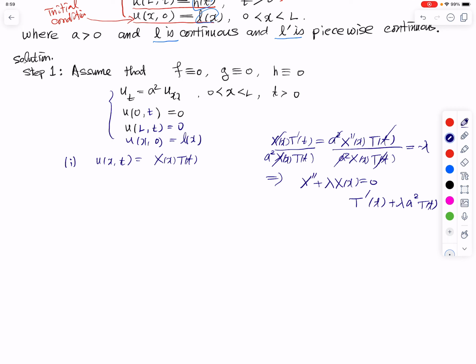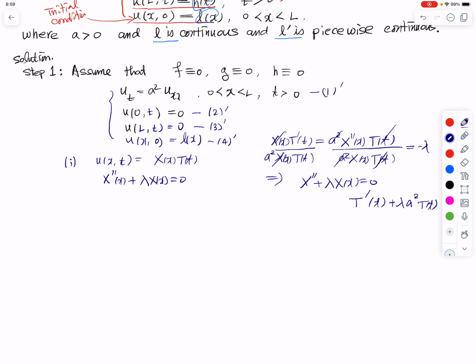So we label these equations 1 prime, 2 prime, 3 prime, 4 prime. Then we need to find the solution. X'' plus lambda X equals 0, and from the boundary conditions you have X(0) equals 0 and X(L) equals 0.